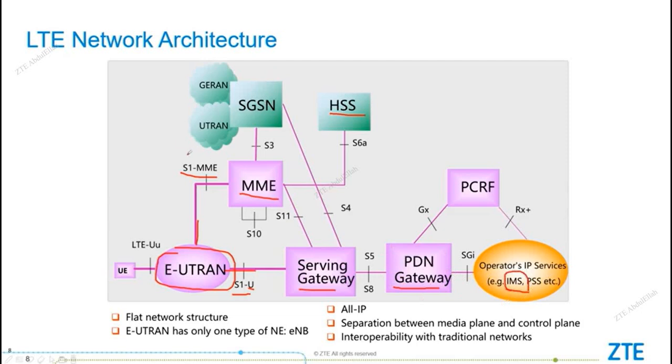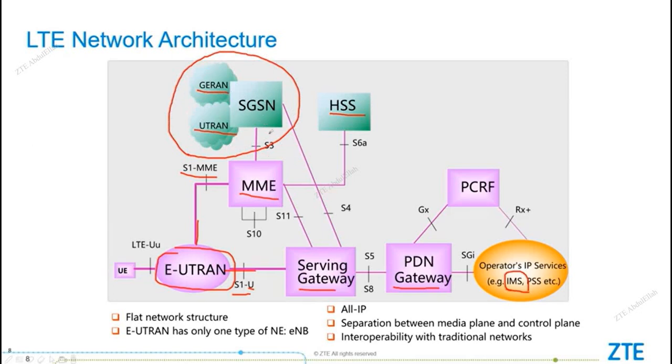And also the LTE network has an interface to the 2G and 3G core network, right? GERAN is 2G and UTRAN is 3G. Why? Because in some cases we need to provide voice by the 2G and 3G network, for example CS fallback.